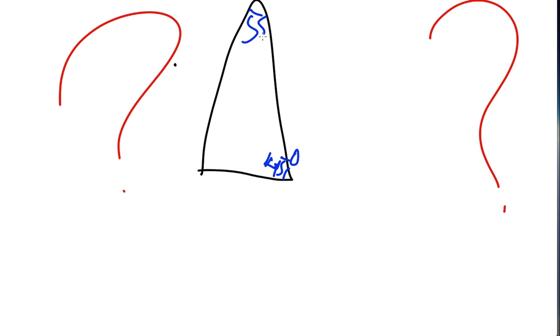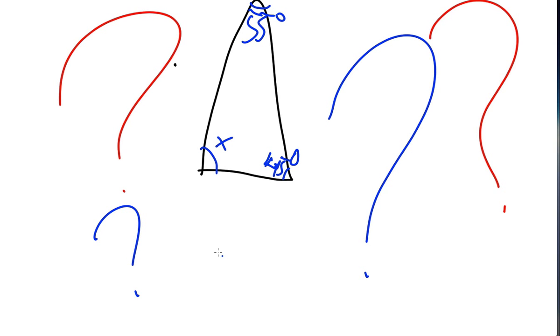Let's say we have a triangle with angle measures 45 and 55 in another angle. Would you say that this is an acute, a right, or an obtuse triangle?